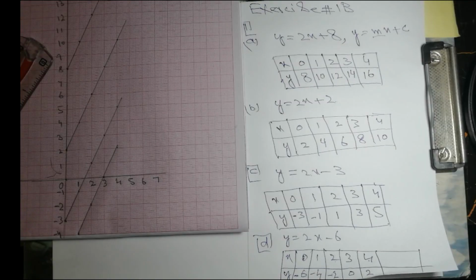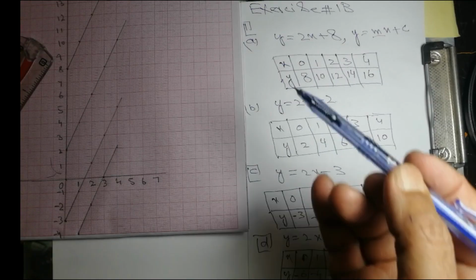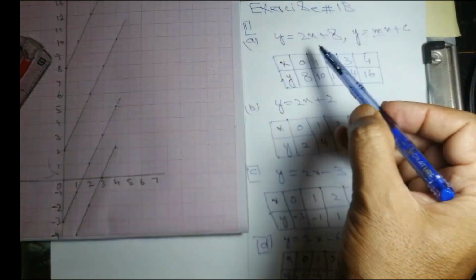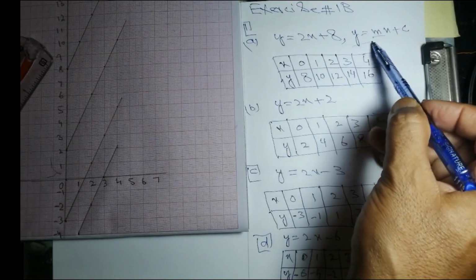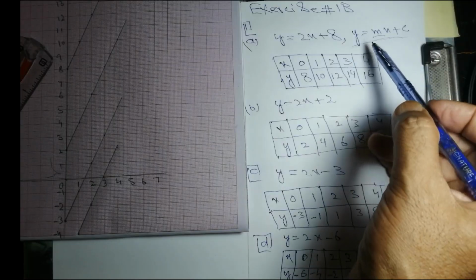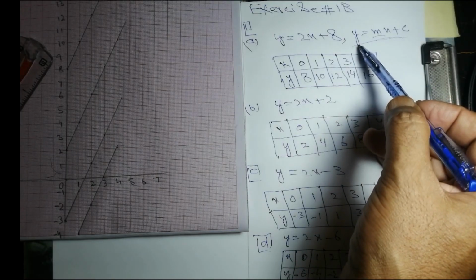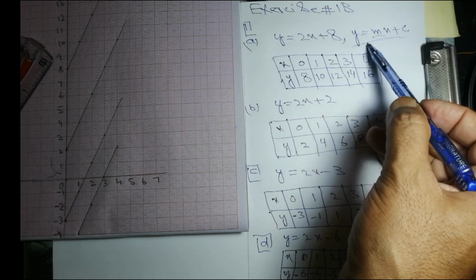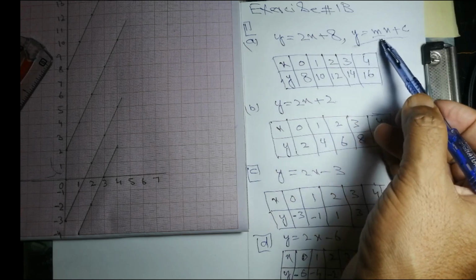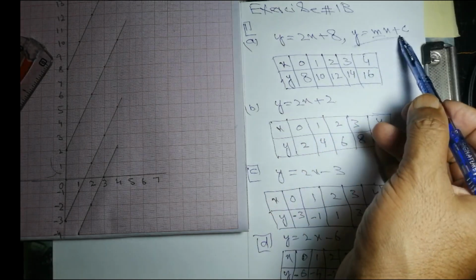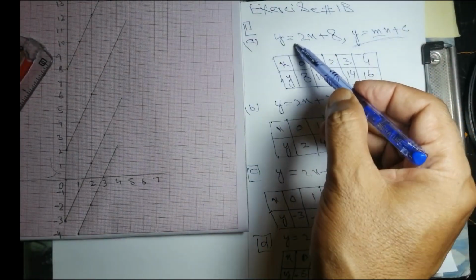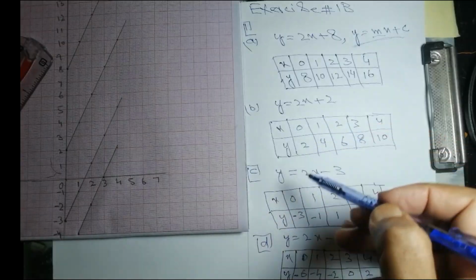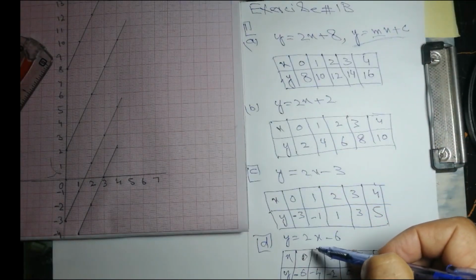And why parallel? If we compare this with the standard equation of a straight line, and these are the different lines given here, we see this is 2x, this is 2x, this is 2x, this is 2x.